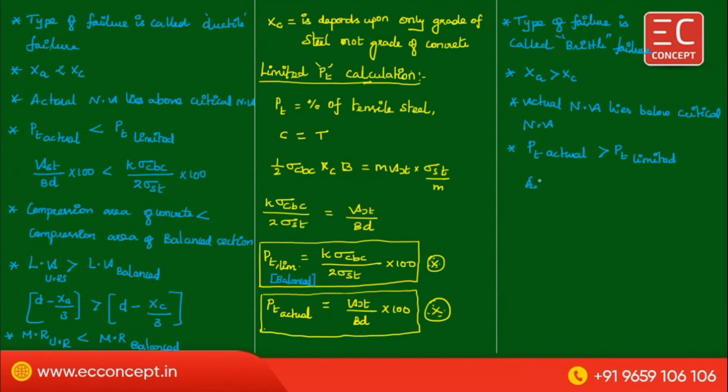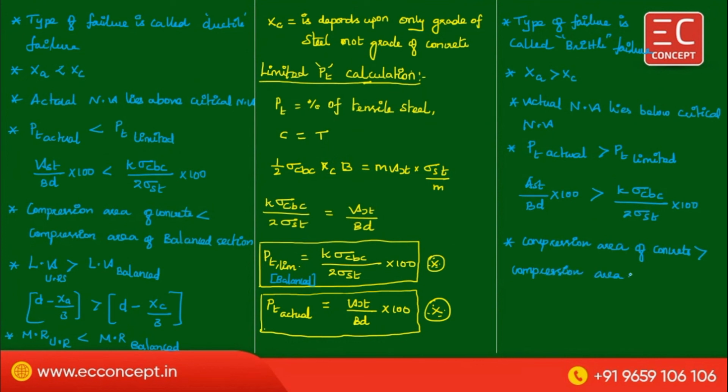Therefore, AST divided by BD into 100 in this case is more than K sigma CBC divided by 2 sigma ST into 100. And the next one is compression area of concrete, which is greater than compression area of steel.